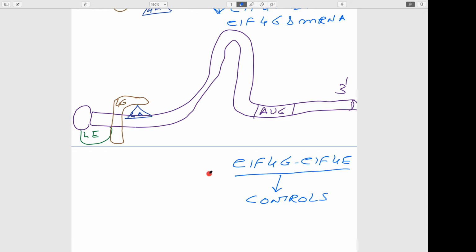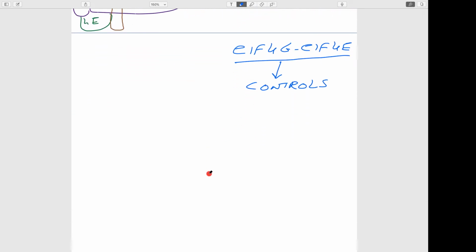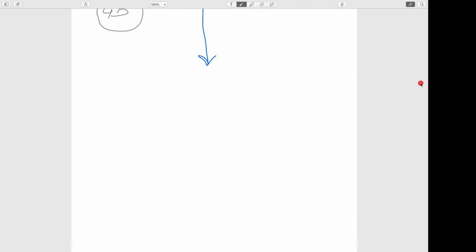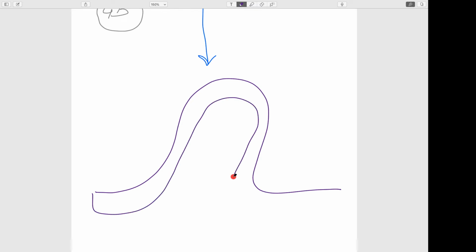In the next step, the binding of another factor takes place. What is the factor? The factor is 4B. Let us see the 4B binding. Along with this 4B, how does this messenger RNA complex look?